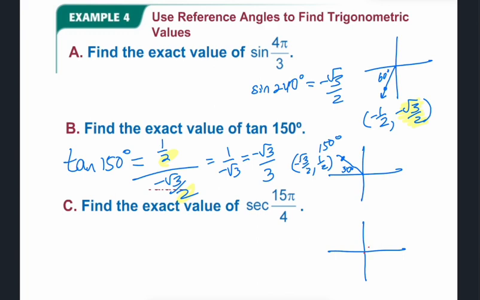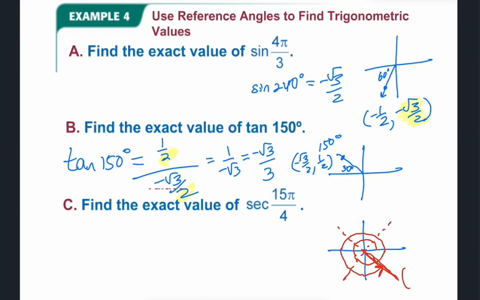So let's just break down the XY axis into 45-degree chunks. There's 15 of them we got to go. So let's count 15 times. 1, 2, 3, 4, 5, 6, 7, 8, 9, 10, 11, 12, 13, 14. 15 of those wedges gets me here.